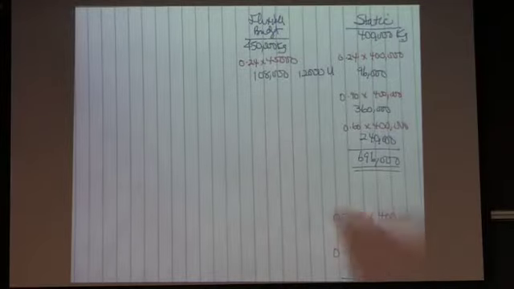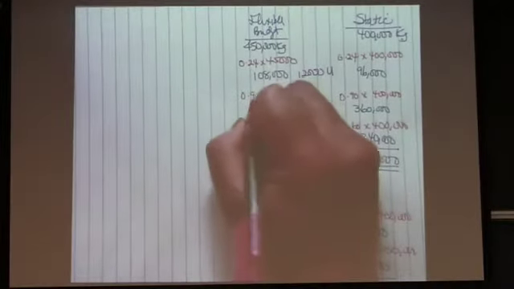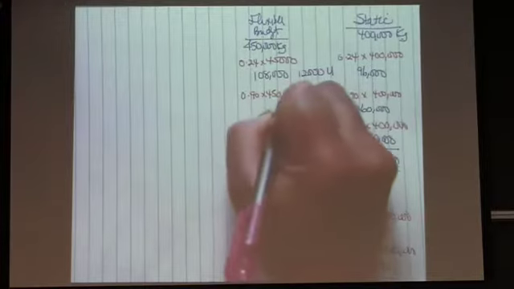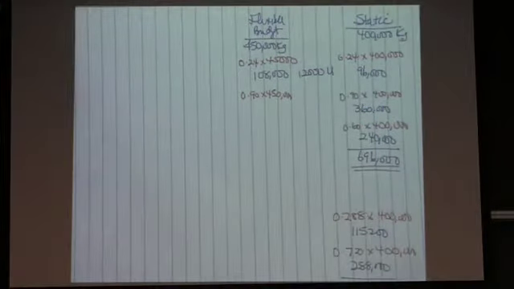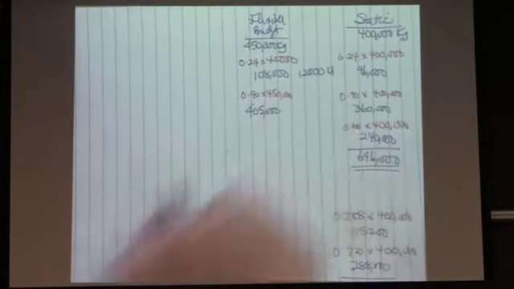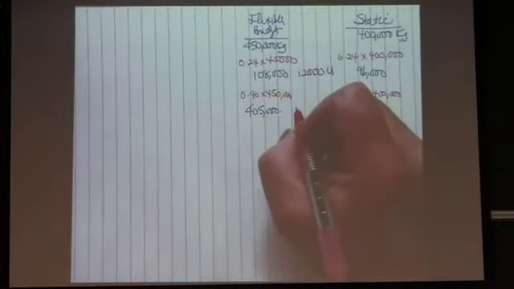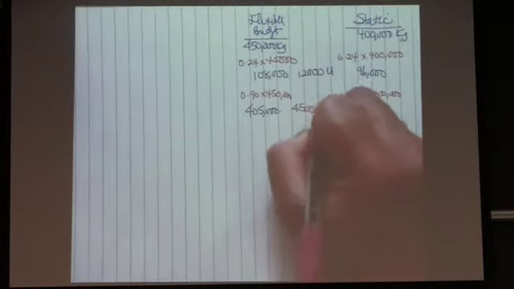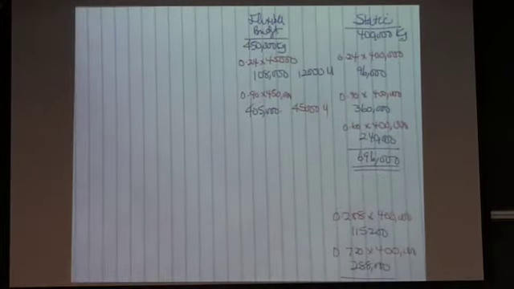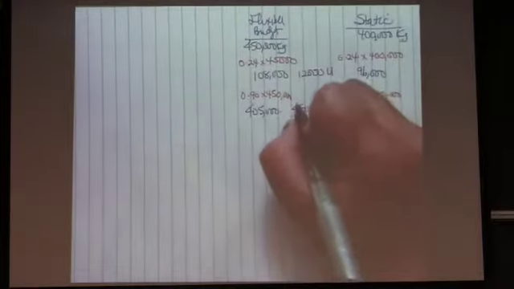Next, I'm going to take the same thing, 0.90 times 450,000. That gives me 405. And that difference is going to give me a 45,000 unfavorable variance.